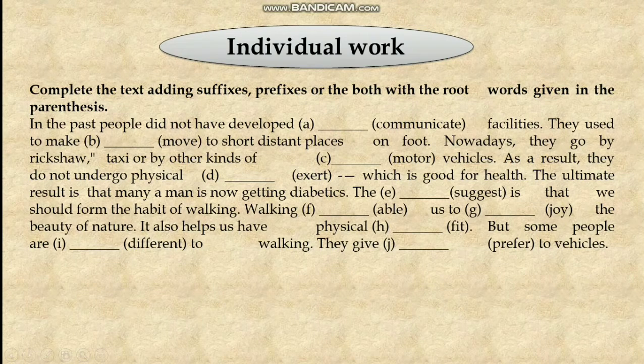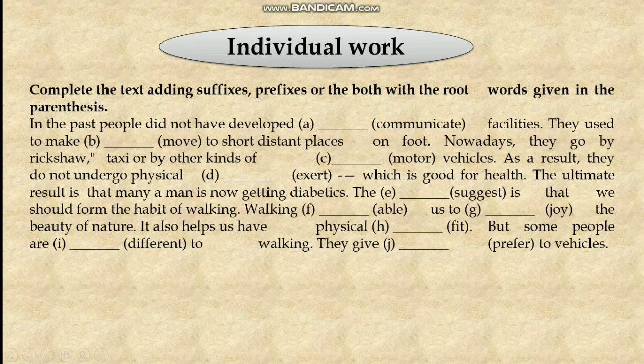And according to the structure of present indefinite tense, as the subject walking is third person and singular number, s or es will be added here. So the answer will be enables. Us to joy. We know that after the preposition to, we must use the base form of a verb, and the word joy is a noun. Its verb form is enjoy, so enjoy is appropriate here.